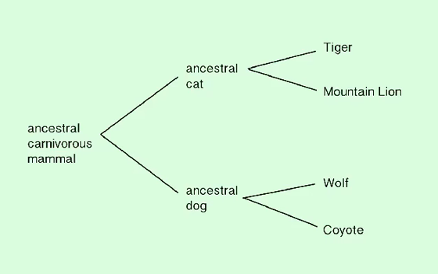There are obviously many different kinds of carnivorous animals, including things like bears and weasels and sea lions and that sort of thing. But the general picture is that if you trace back far enough, all living organisms share common ancestry. You don't have to go back that far in time before you get to a general ancestral mammal that gave rise to both tigers and mountain lions and wolves and coyotes.